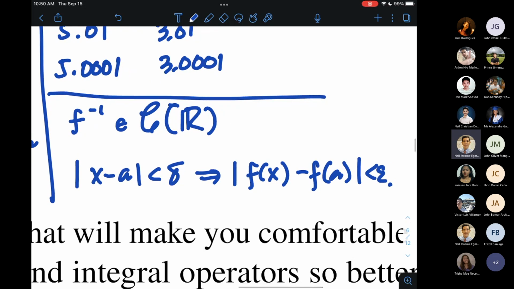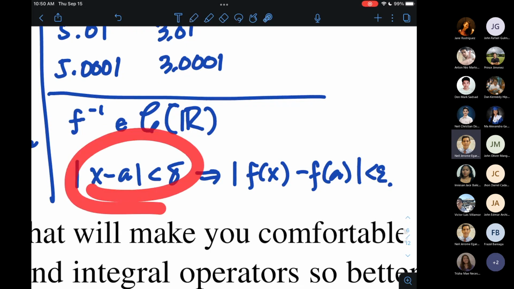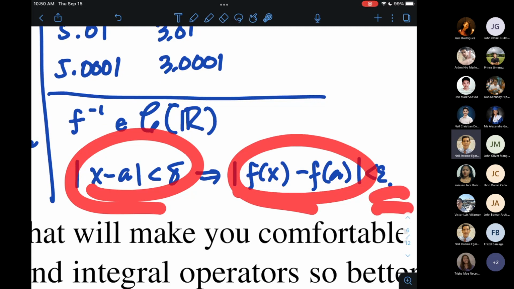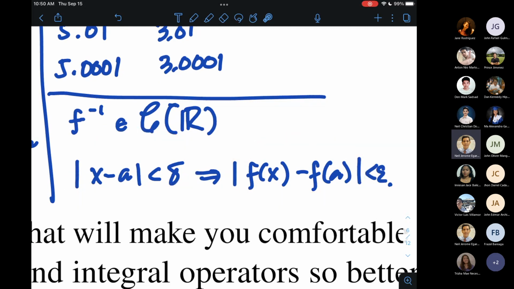So sa kahit anong epsilon greater than 0, there exists a delta such that if x and a are delta units away from each other, okay, the function values will be within epsilon units from each other.